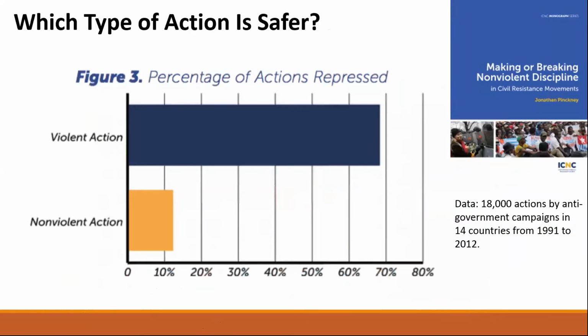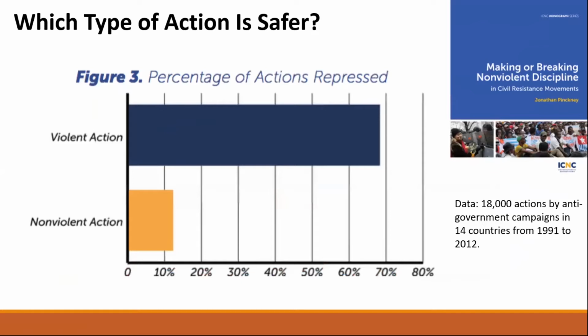The other thing is that a lot of arguments among activists is once repression starts, then you have to engage in violent action to defend a community. But this is from a different study. It's from a monograph by Jonathan Pinckney that was published by ICNC.